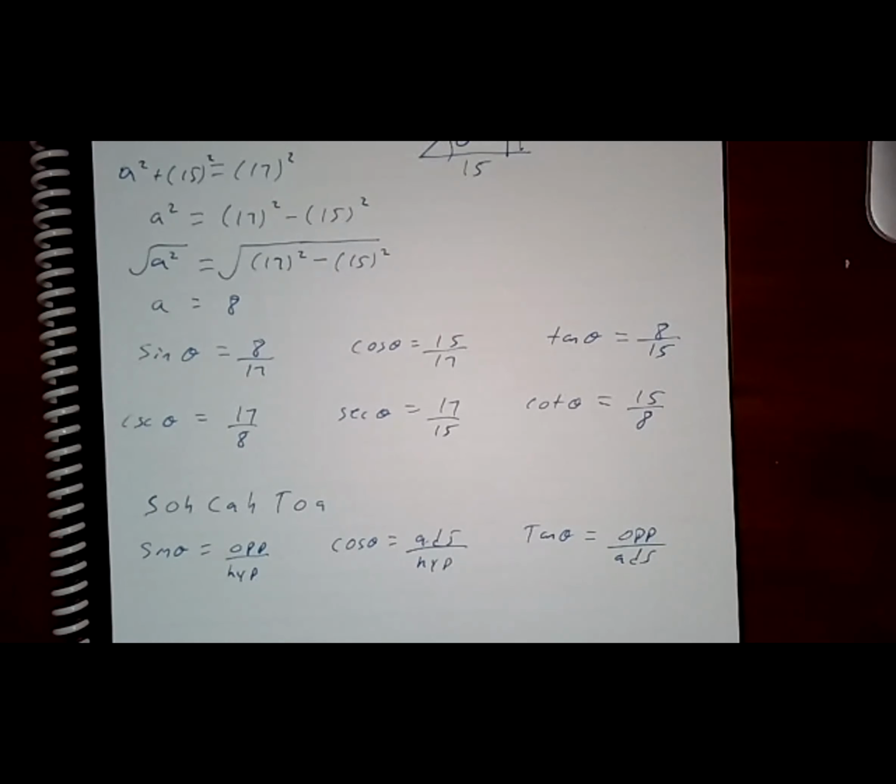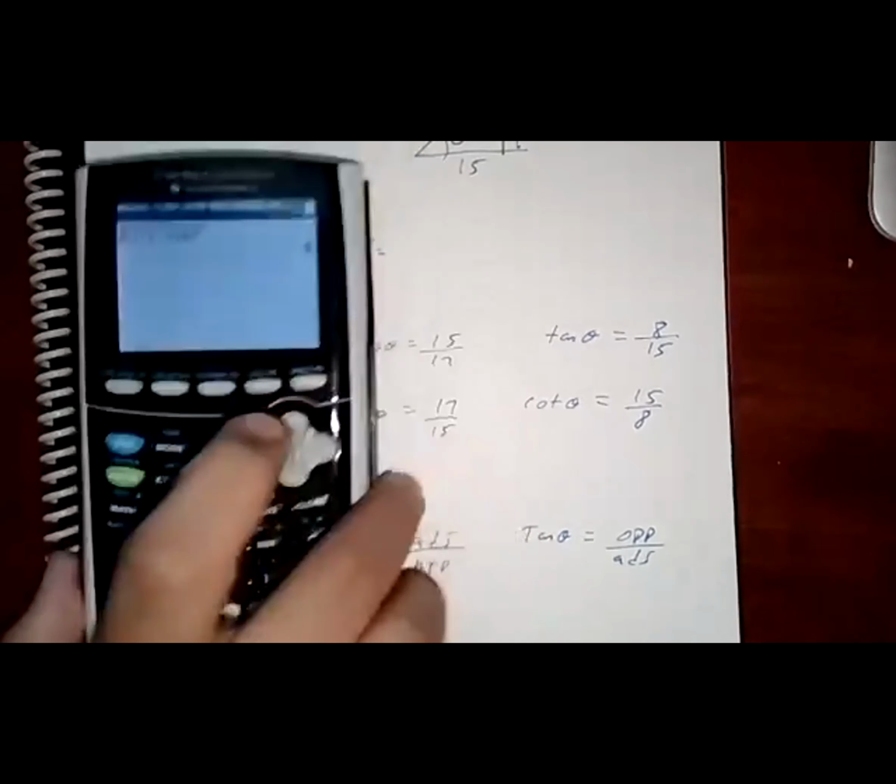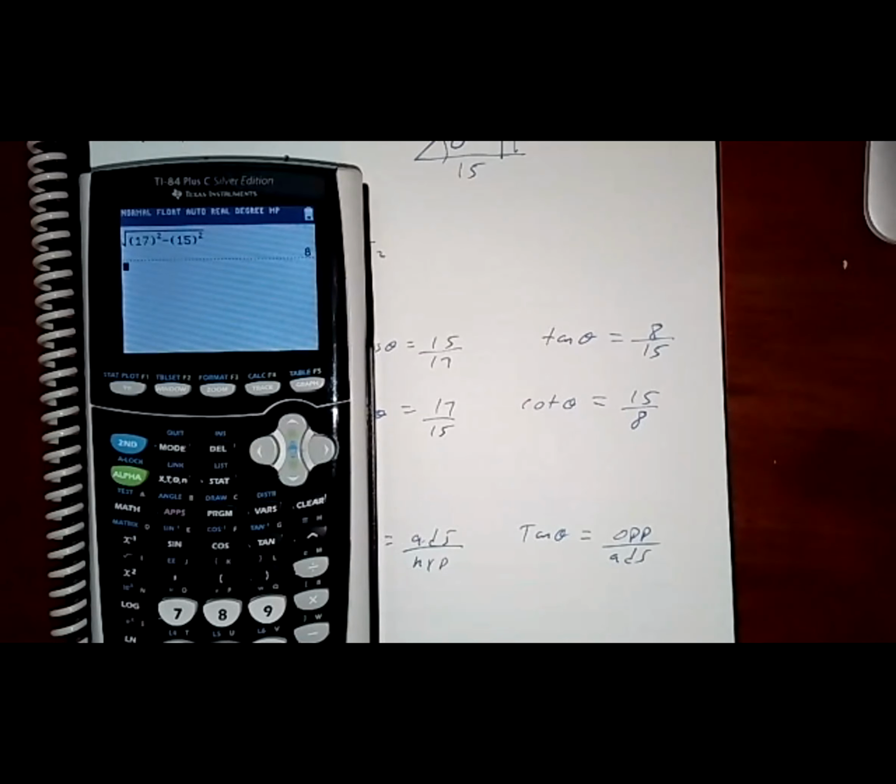You guys familiar on how to change your calculator to radians or degrees? No, can you show it real quick? I only have the 83 and the Pro, so I can show you on those two. Which calculator do you have? The TI-83.